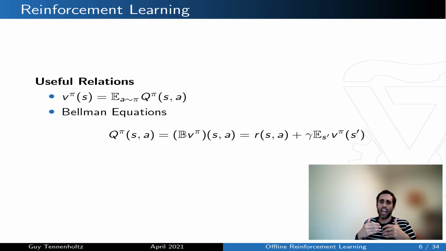So this is how the Q function and the value of the next state are related. And of course, the expected value of the next state can be written in terms of the Q function. So in this way, we can relate the Q function to itself using the expected value of the next state. And this is very important because it allows us to learn a Q function, right?